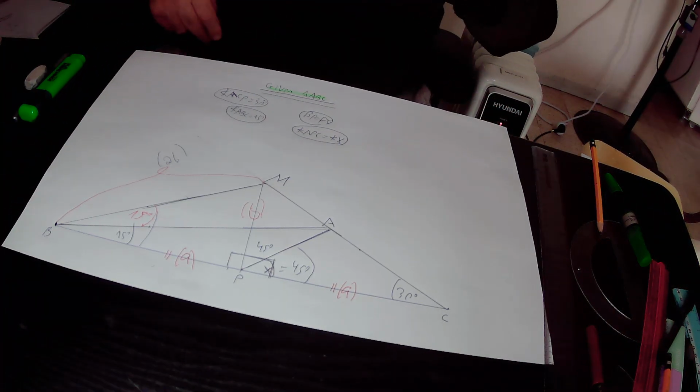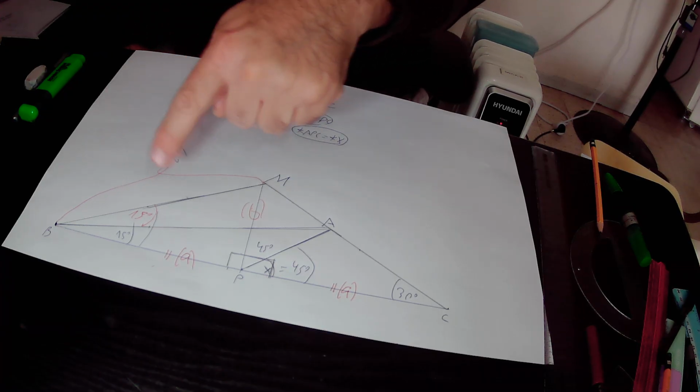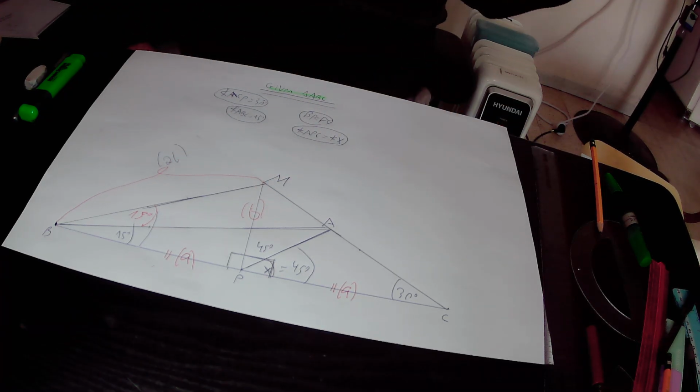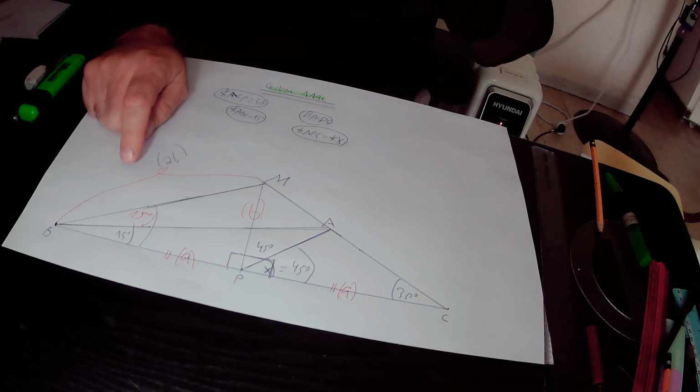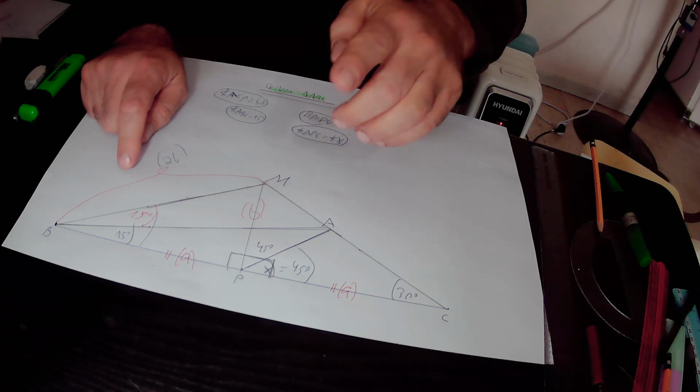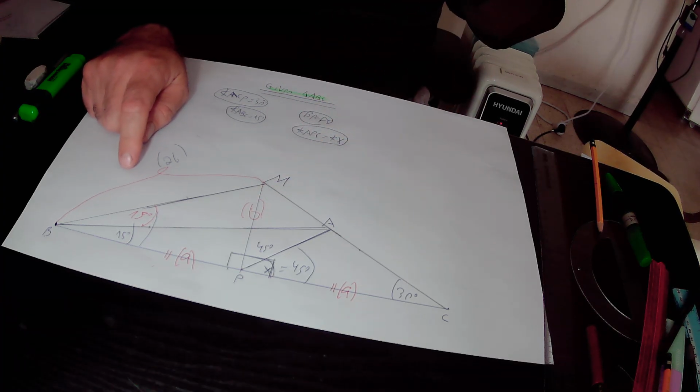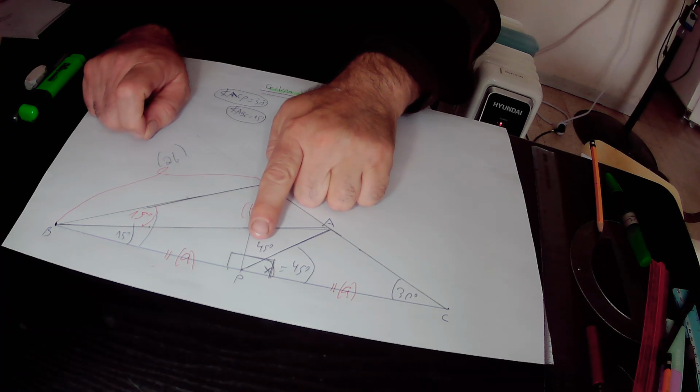So we can implement rule 20 in the isosceles triangle MBC. According to rule 20, the perpendicular from point M to the base BC bisects the base BC. Because the base BC has been bisected by the perpendicular from point M, the perpendicular must touch the base BC at point P and not at any other point. Why? Because point P is the midpoint of BC.